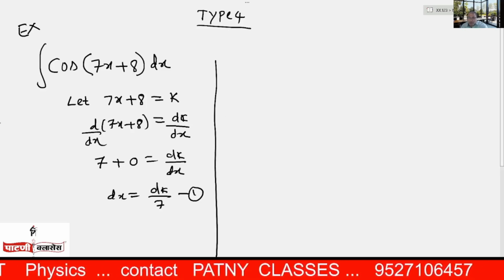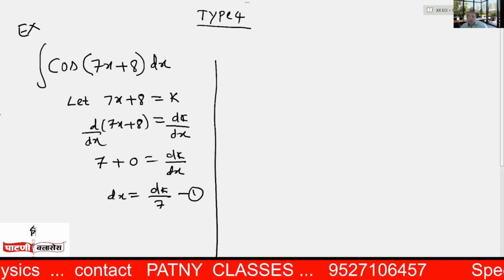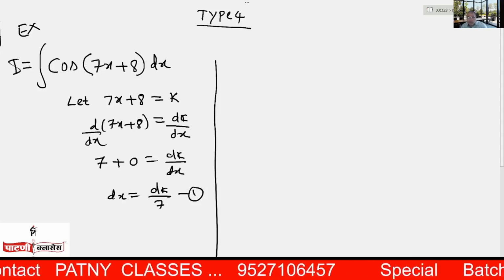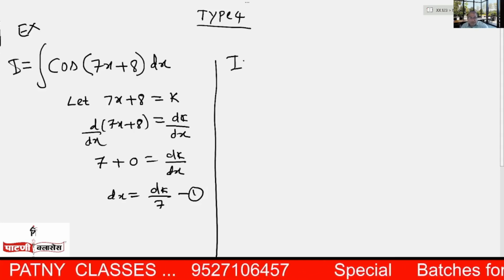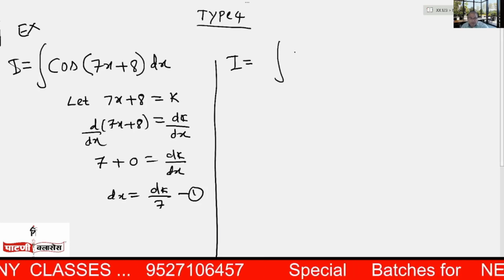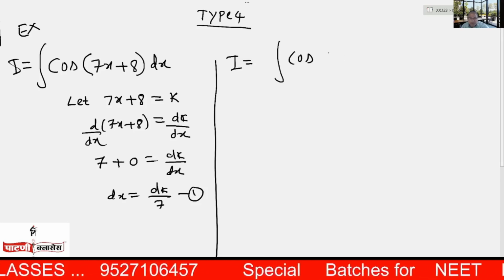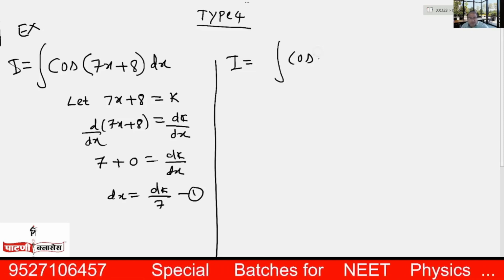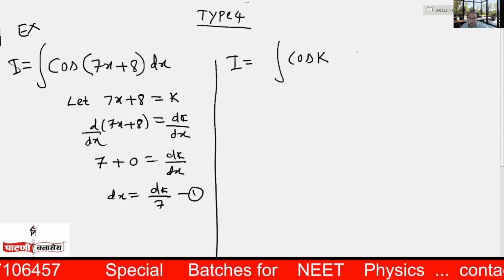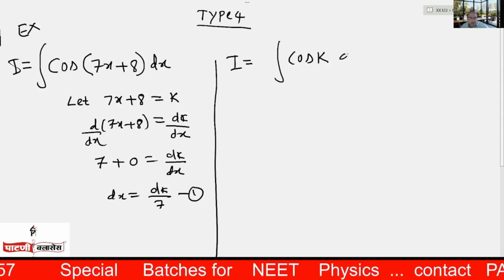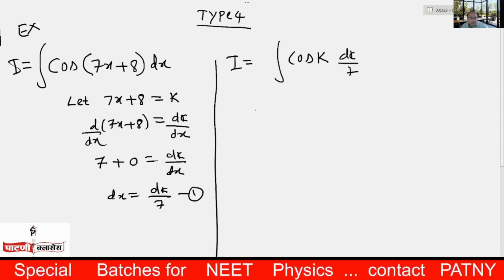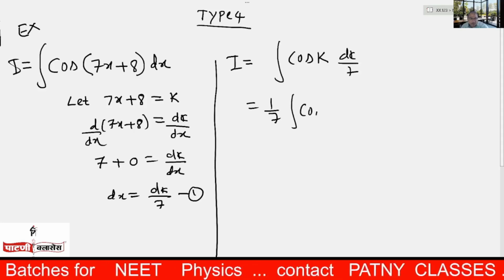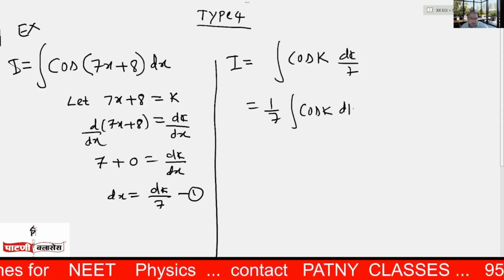Given problem, I equals the integration of cos k, nothing but cos of 7x plus 8. So in place of 7x plus 8 I am writing k, and dx equivalent to dk upon 7. So 1 upon 7 integration of cos k dk.